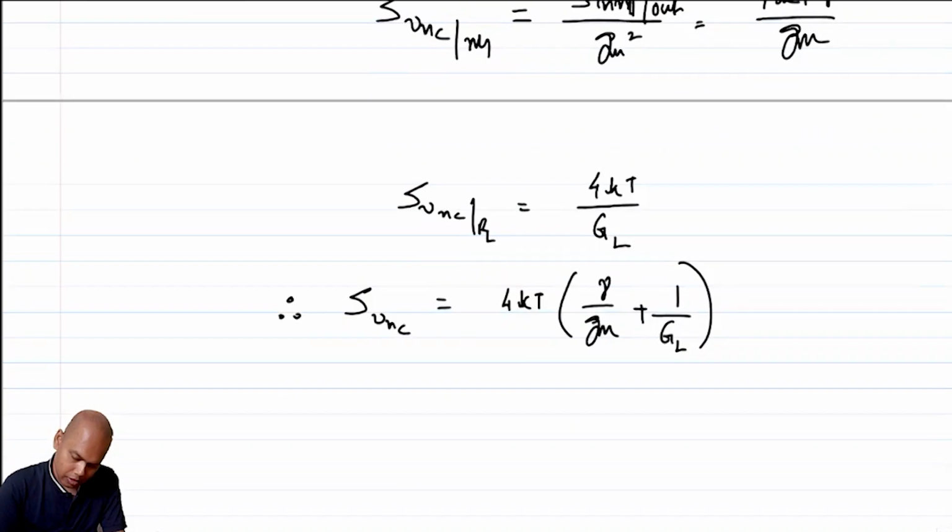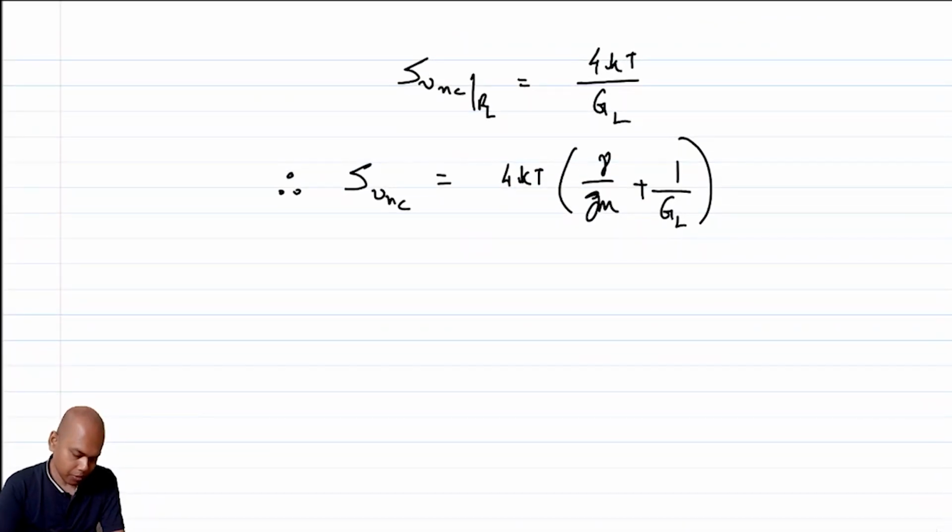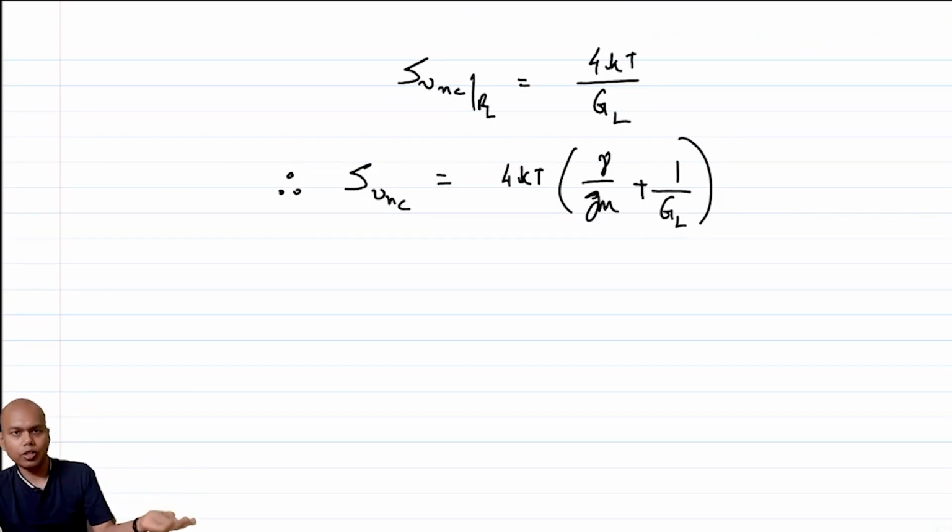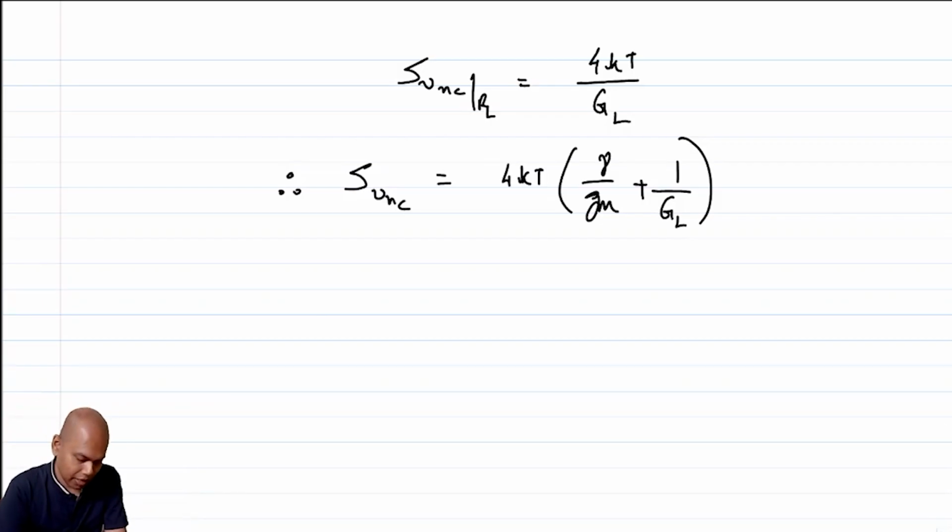Okay, this is not the full story, because what did we not use? We did not use the noise from the input resistor. That will also contribute noise. That analysis is quite straightforward.